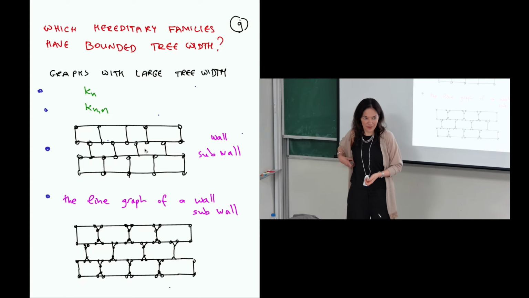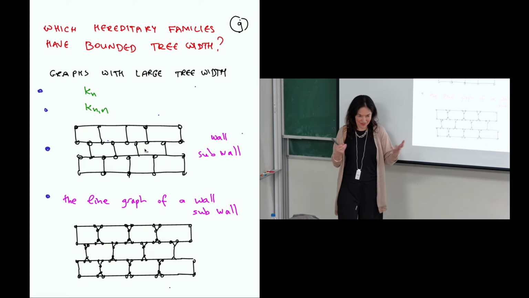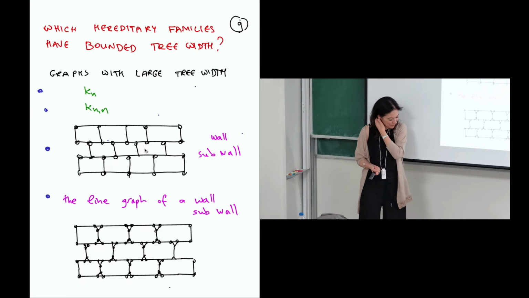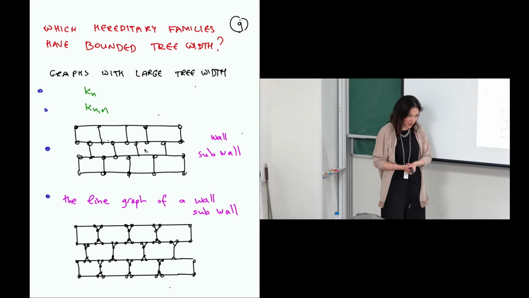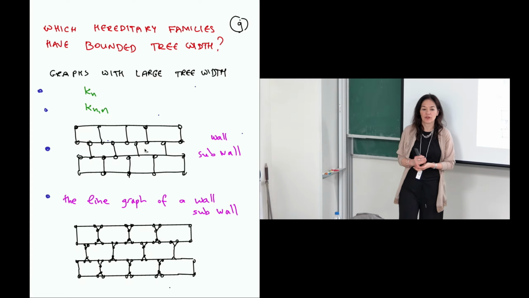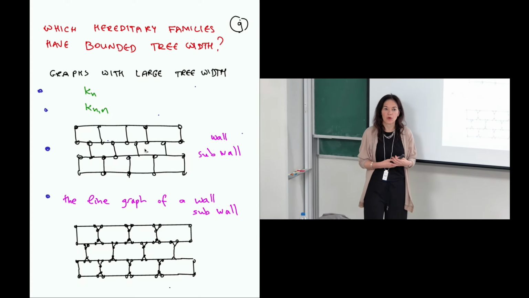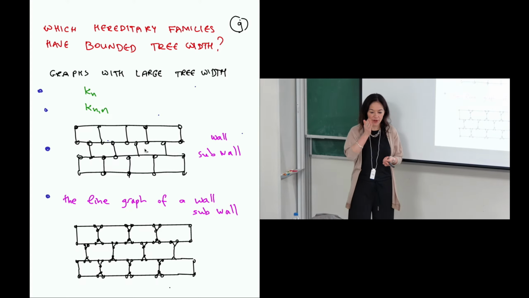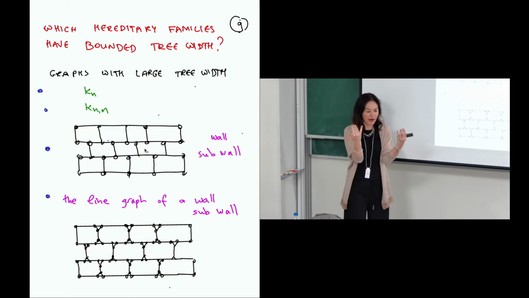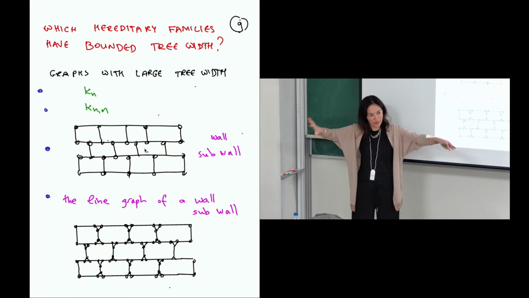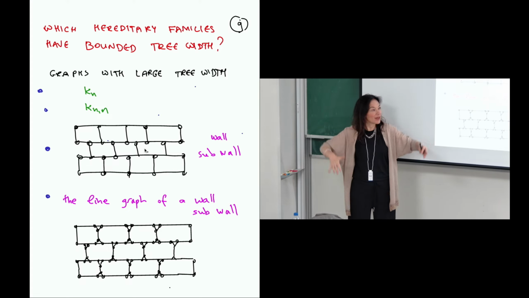So that at first glance is counterintuitive, right? You're a sparse graph and you have large treewidth. But the thing is, the correct intuition behind treewidth is not density, but small cut sets that break the graph in a balanced way. Right? In a tree, you can delete a vertex and the tree breaks more or less half and half.